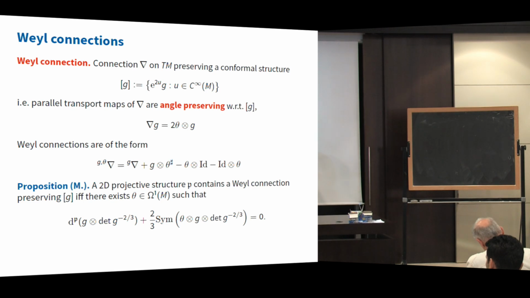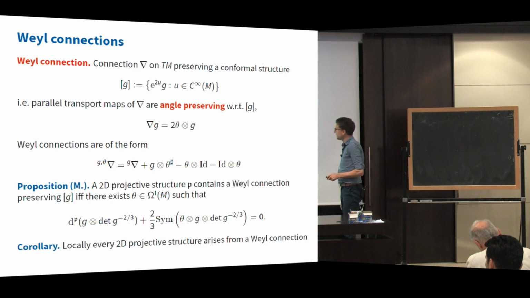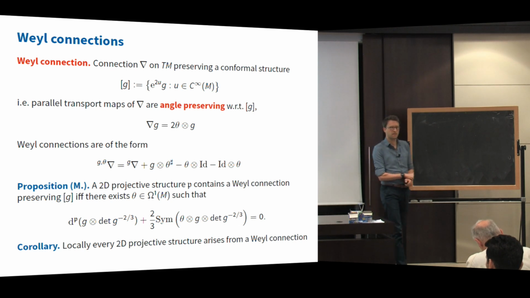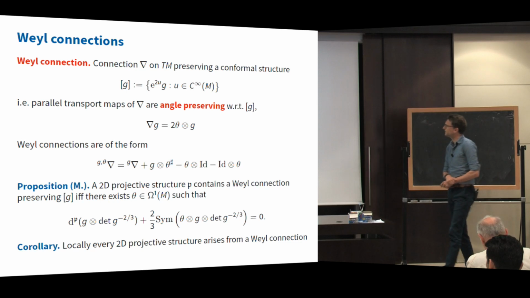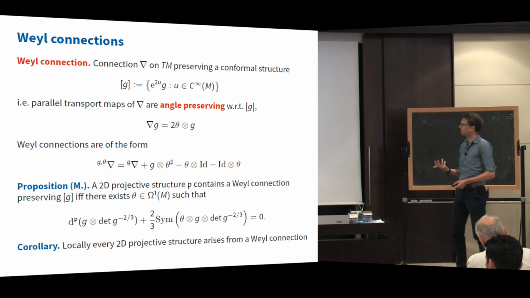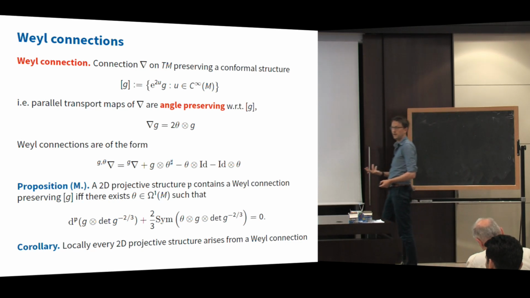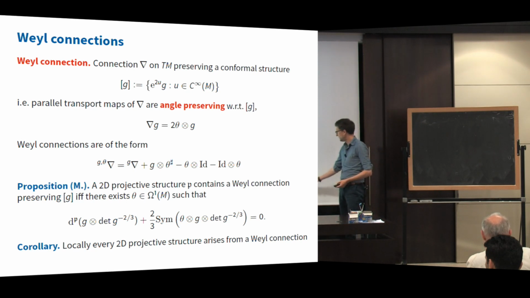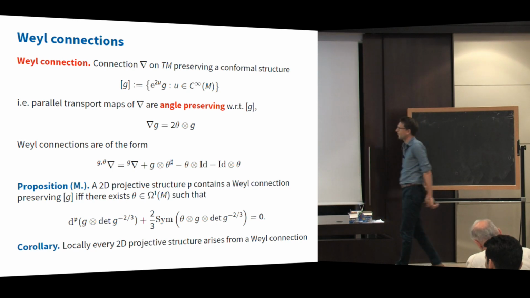You could get the impression that it's somehow an algebraic problem. But it isn't, because this is 3 equations really, but theta only gives you 2 degrees of freedom, so you cannot just do this algebraically. So there's an actual PDE to be solved. But it turns out you can locally always solve it in 2 dimensions, so every 2D projective structure arises from a Weyl connection. Okay, so this is a first observation.